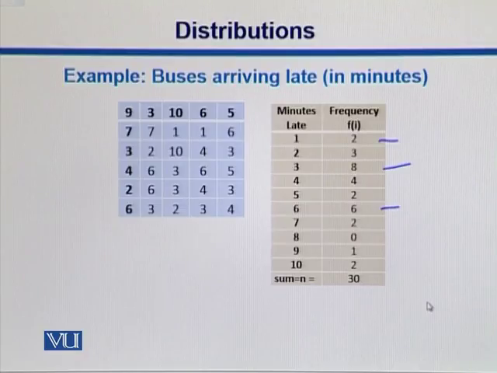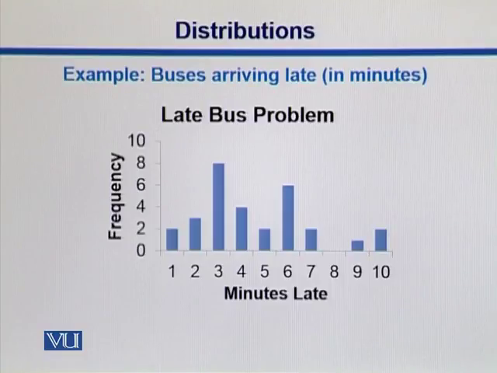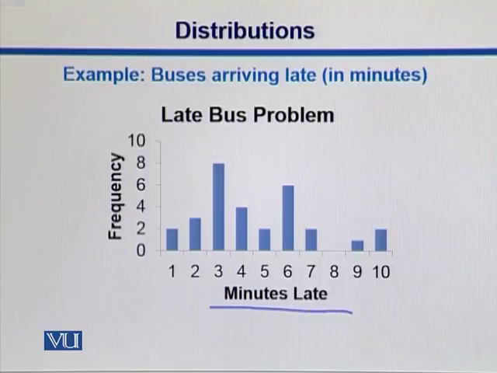This frequency table obviously represents the distribution, and we can see that in this graph. Here, this distribution looks something like this. On our x-axis we have the minutes, and on the y-axis we plot their frequencies. Then we can infer the general shape of the distribution.